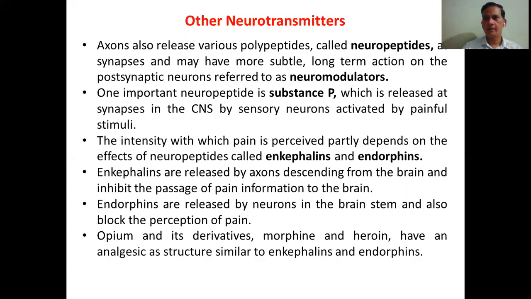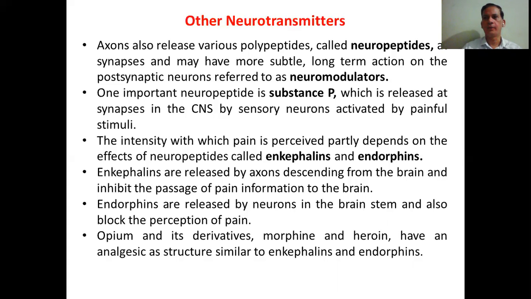Now there are drugs which are derived from opium, like morphine and heroin. They have a structural similarity with the enkephalins and endorphins. Because of this structural similarity, they bind to the specific receptors where endorphins and enkephalins are supposed to bind, and exert a similar effect.